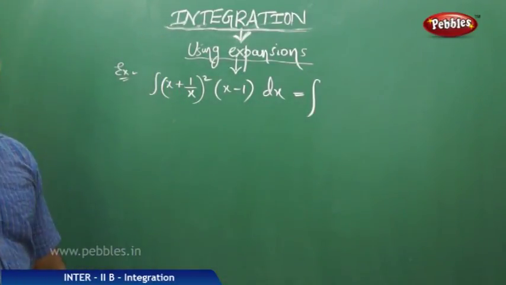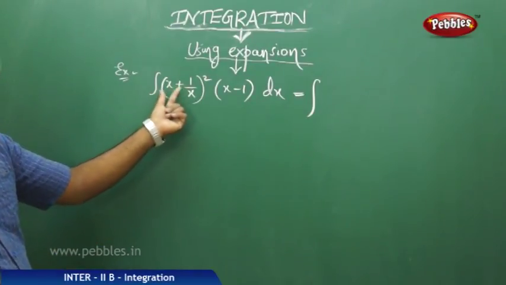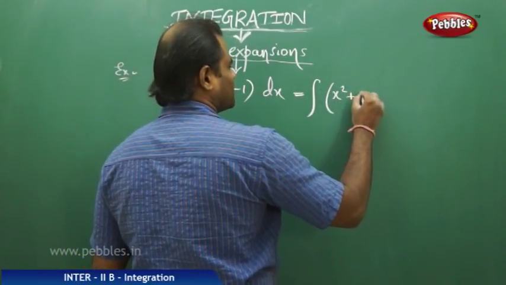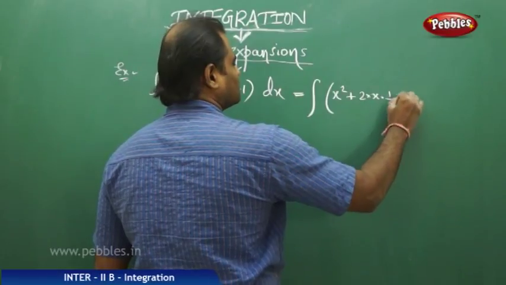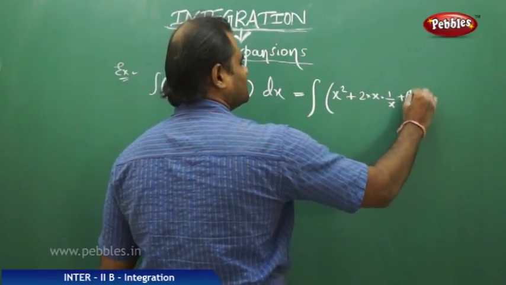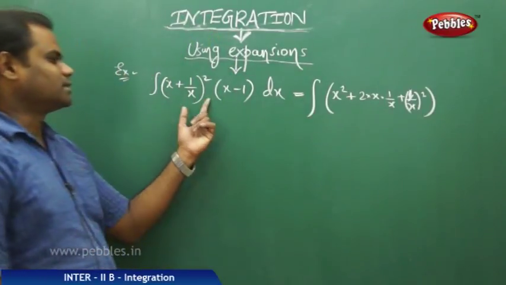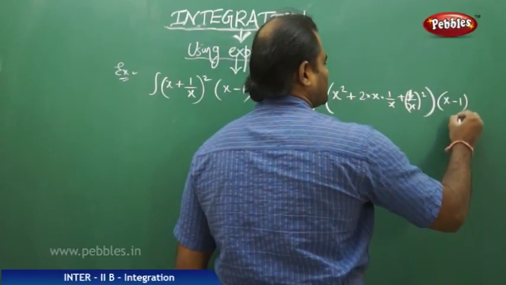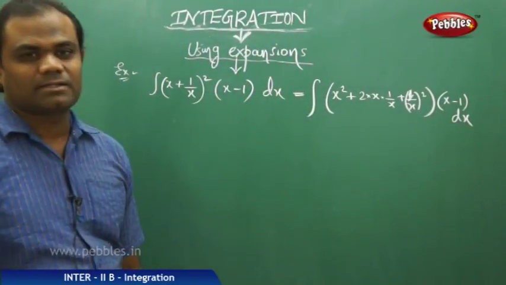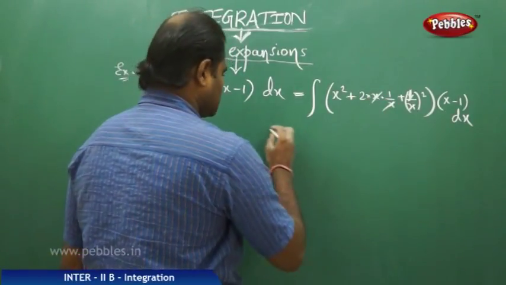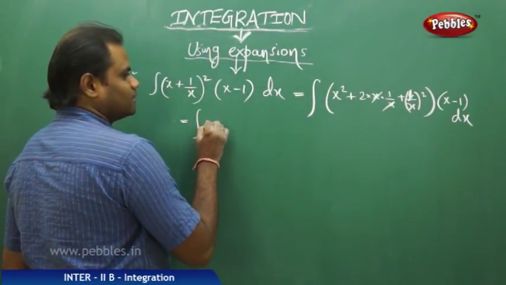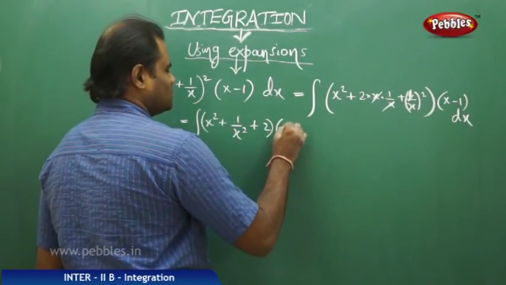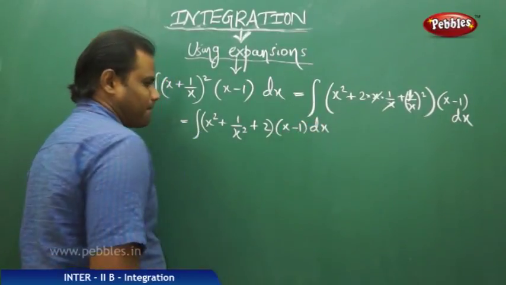Initially I see that I need some expansion here, that is, this is in the form (a plus b) whole squared. So I use the formula a squared plus 2ab plus b squared, times (x minus 1) dx. Now this x gets cancelled and I get the integral of (x squared plus 1) by x squared, times (x minus 1) dx.